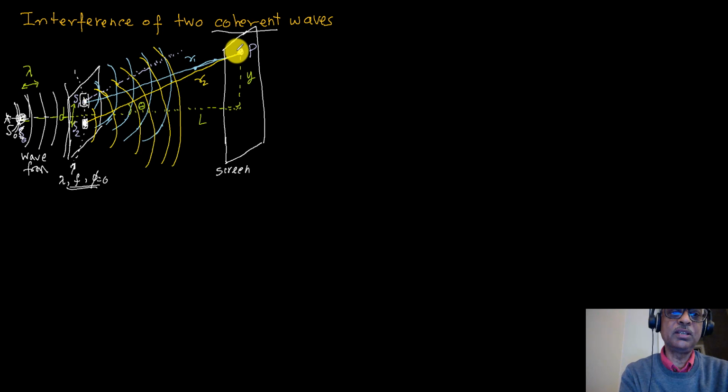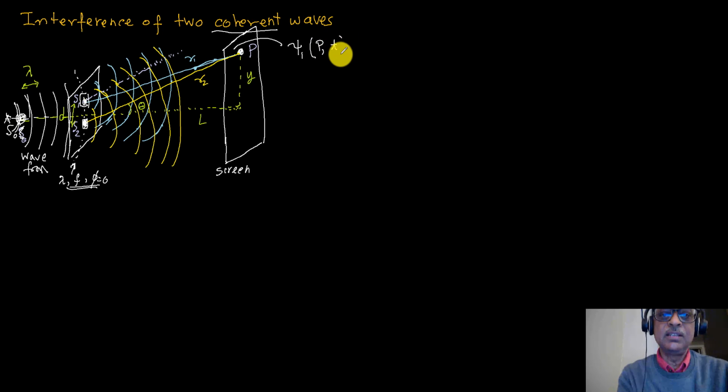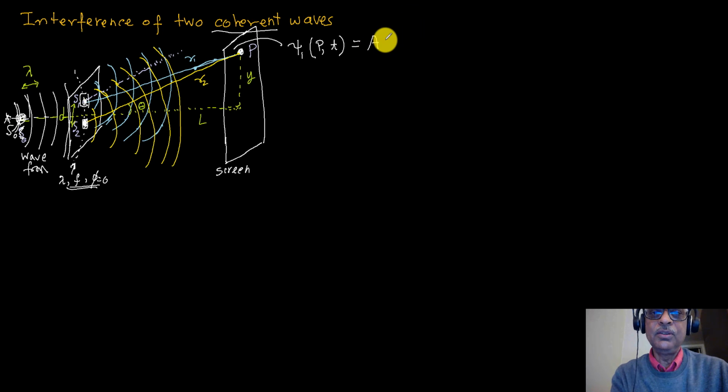Let's look at what the wave psi1 will be at point p at time t. It will have some amplitude a that came from the source, and it has gone a distance r1.